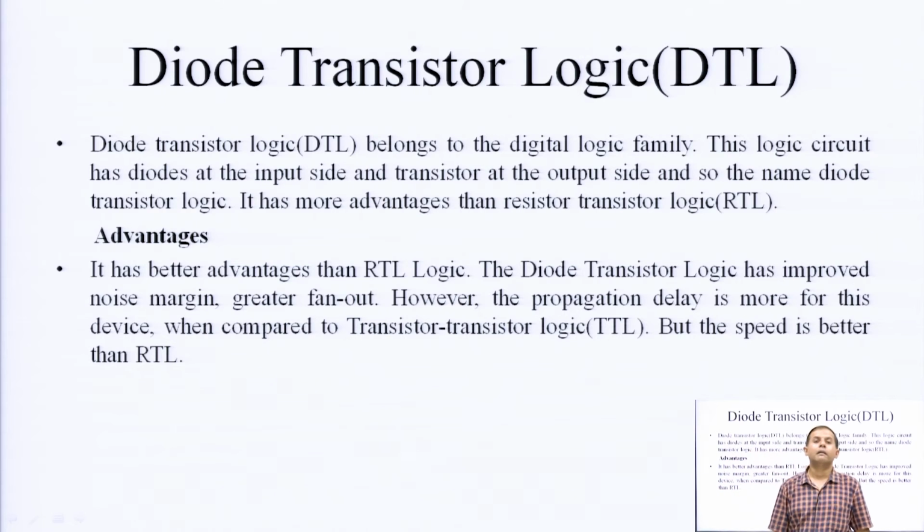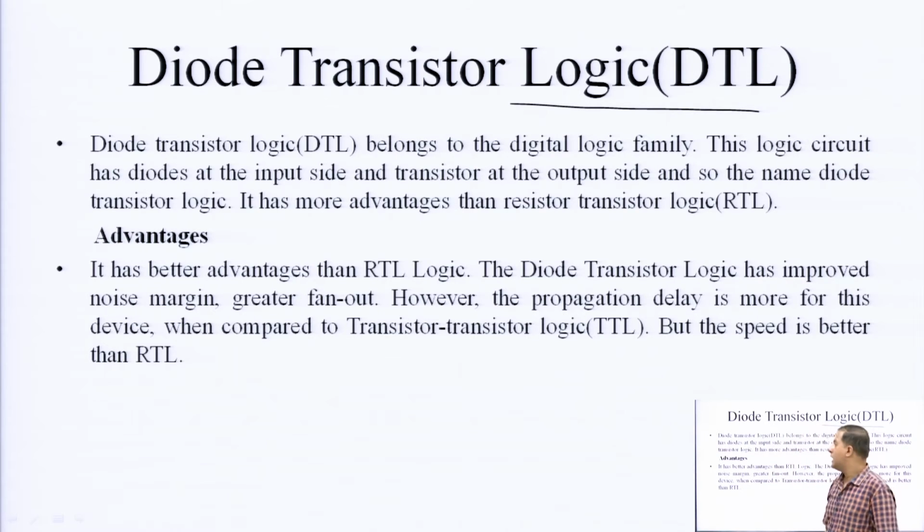Now, as we have some disadvantages of RTL logic, we are moving forward to diode transistor logic, that is DTL. Diode transistor logic belongs to the DTL logic family. The logic circuit has diodes at the input side and a transistor at the output side.